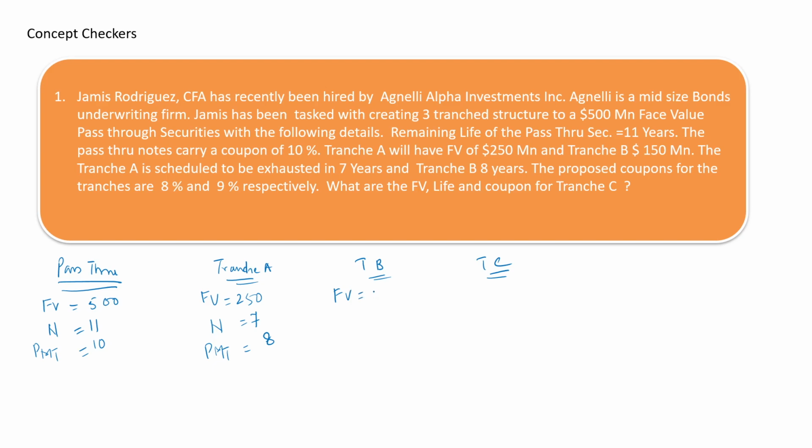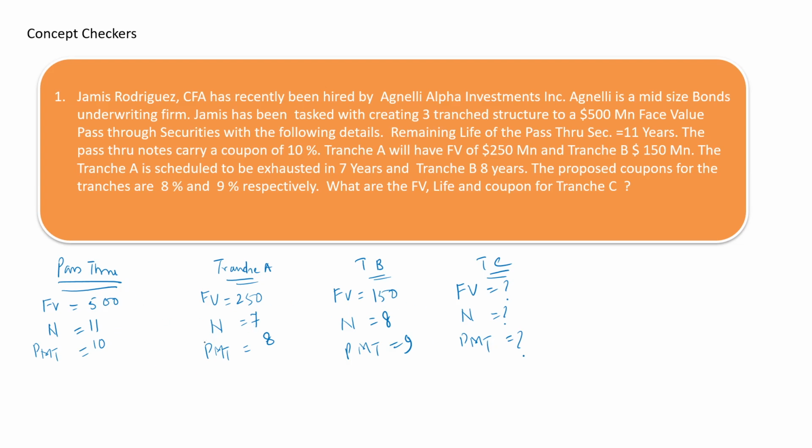Similarly, tranche B has 150 million of face value with a remaining life of 8 years and a coupon of 9%. We have to find out the face value of tranche C, the life of tranche C, and also what the coupon of tranche C is.